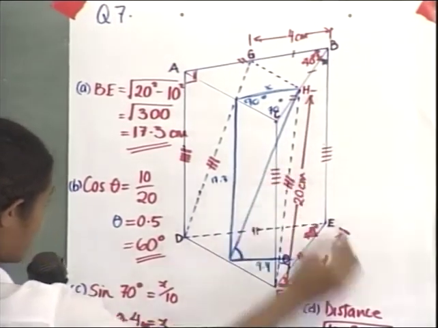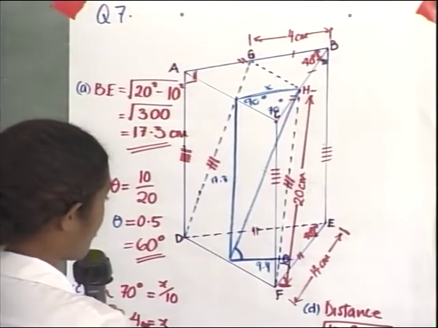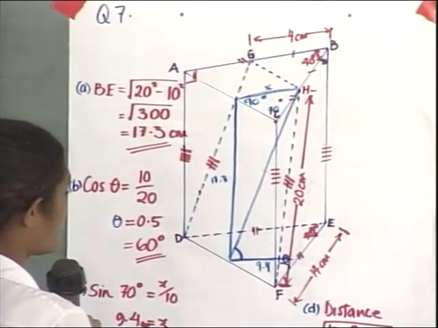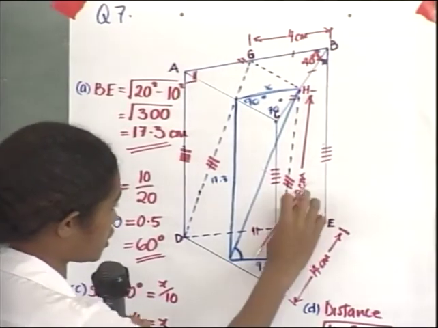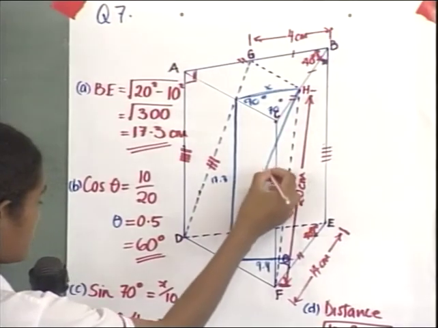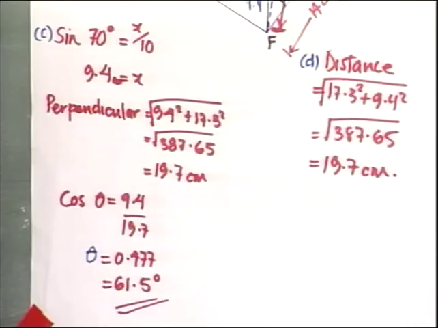So the square root of 9.4 squared plus 17.3 squared is equal to 19.7, which is just the same as the hypotenuse, 19.7.